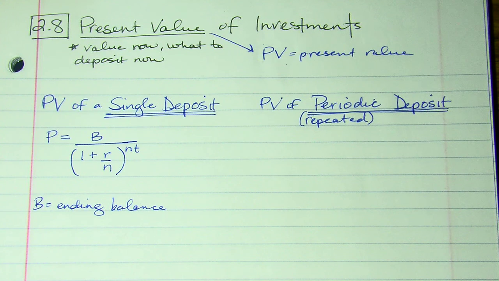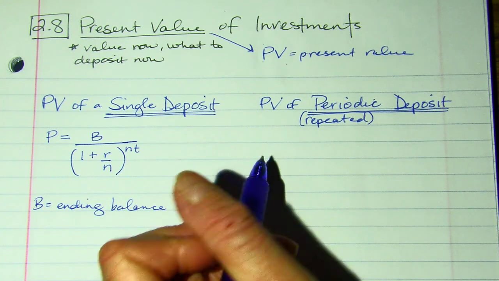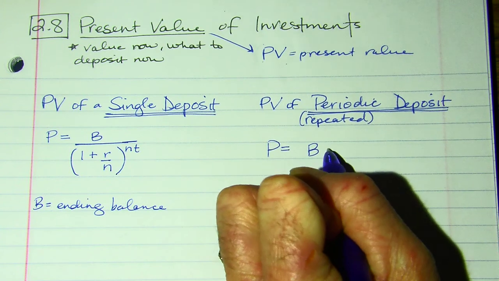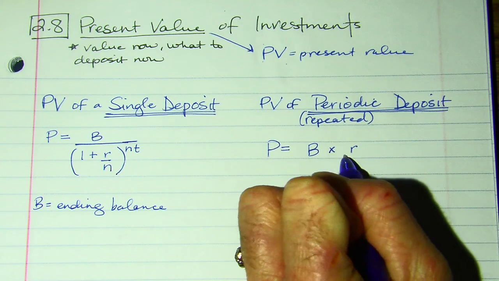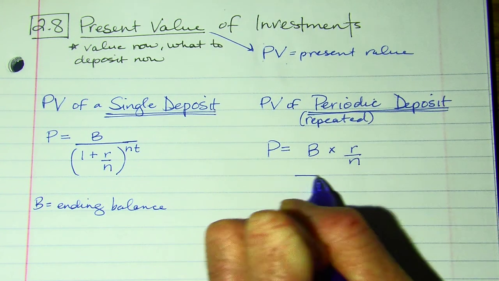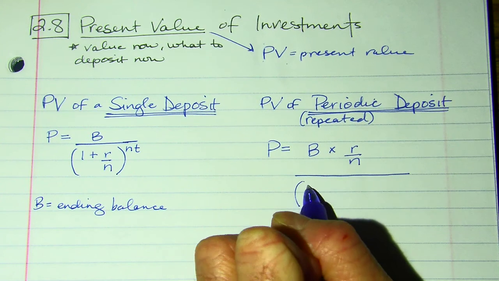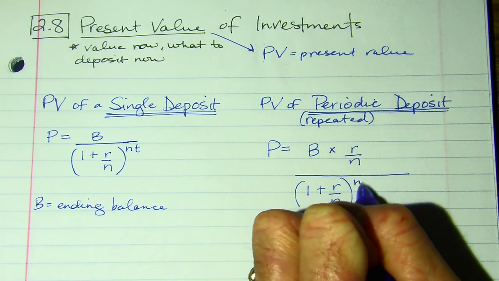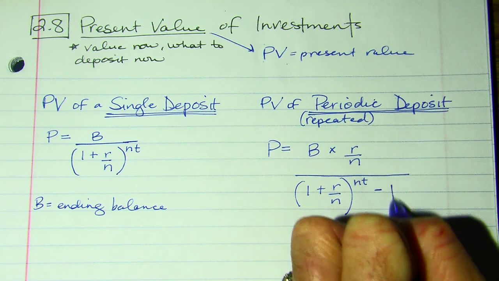Repeated, it happens again. And that formula looks very different. So the present value of that equals your balance times the rate divided by n all over 1 plus the rate divided by n to the nt minus 1.